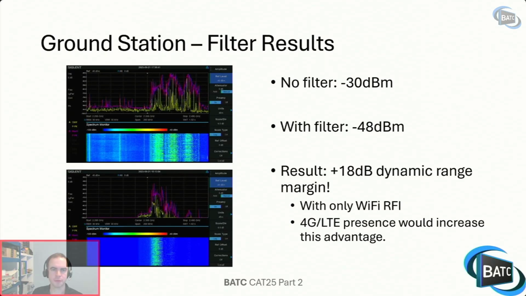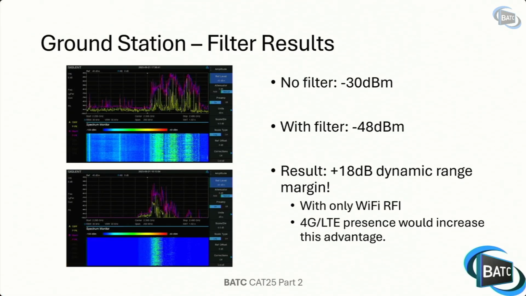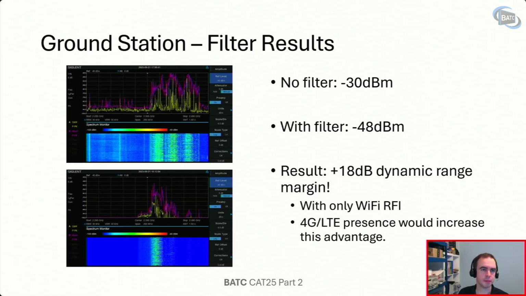So looking at the filter in place, the top screenshot is the SpecAn at my QTH. I am very lucky that I have no 4G locally. It's the only place I've found so far that doesn't have that 4G band, but I still do have the Wi-Fi to deal with. And the channel power within this, with no filter, was coming through my system at minus 30 dBm.